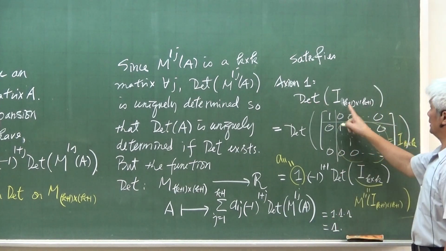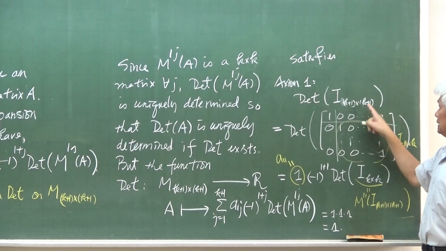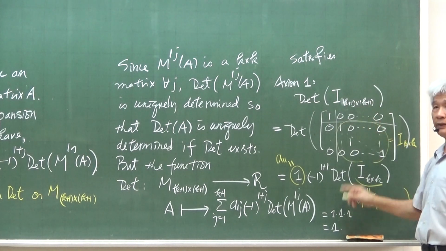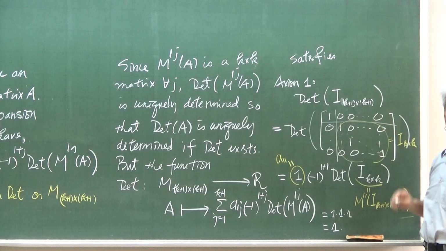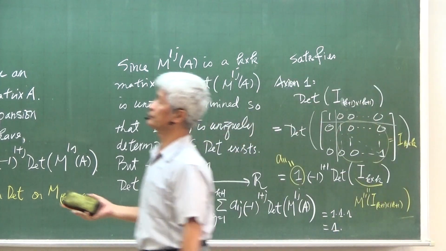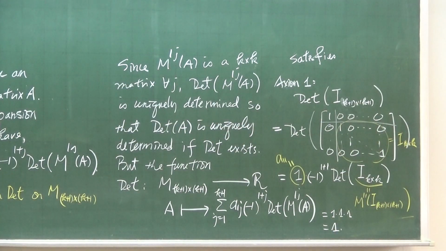So the determinant function of the identity matrix is equal to 1. So it first satisfies axiom number 1. Axiom number 2, linearity.